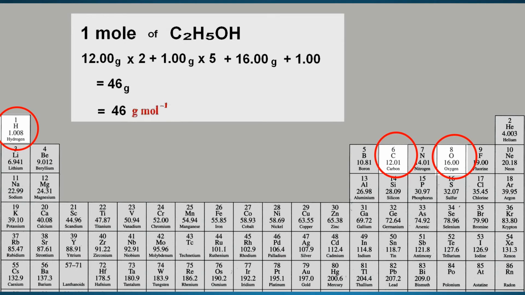Same rule, add it all together. Carbon is 12, so you need 2 carbon times 2, plus hydrogen 1, so you times 5, plus O is 16, and plus the last hydrogen 1, and total 46 gram. So means 46 gram per mole, and this is the molar mass.